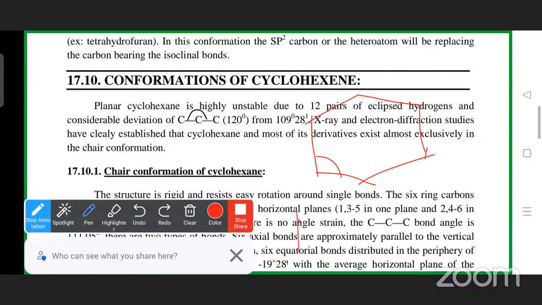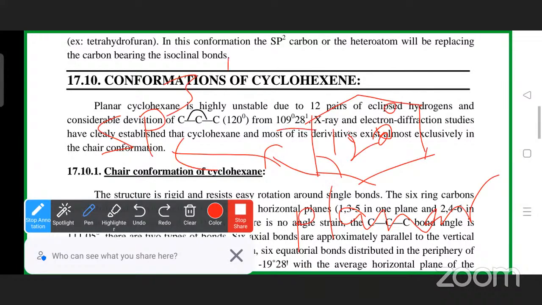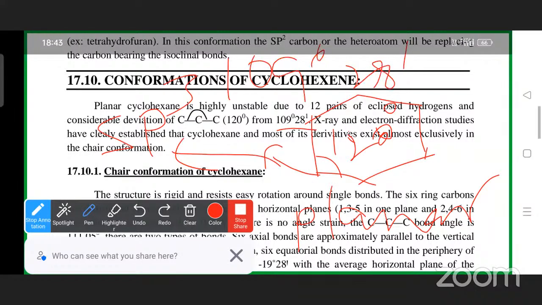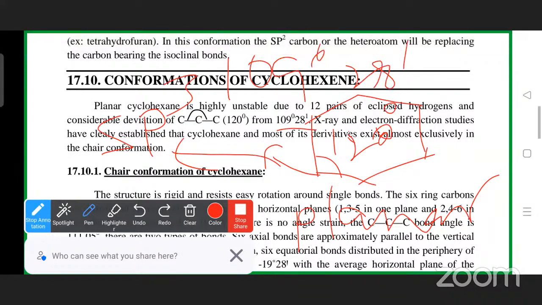For this planar structure the bond angle is 120 degrees. But it is an sp3 hybridized carbon, and the sp3 bond angle is 109 degrees 28 minutes, which is the actual bond angle.